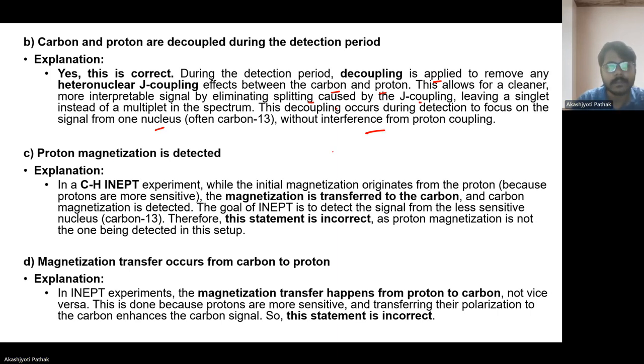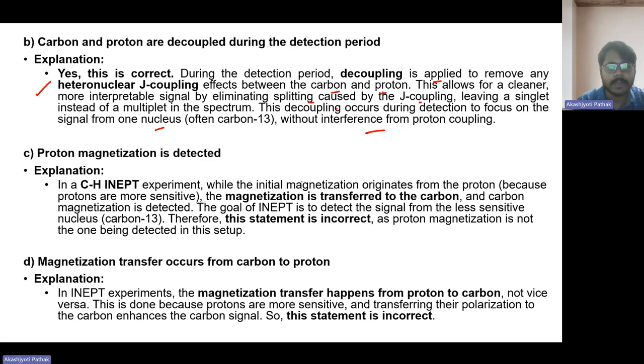So this decoupling occurs during detection to focus on the signal from one nucleus without interference from proton coupling. Right. Now, so this is right. You understood, I guess. So what is the third option? Third option was proton magnetization is detected. But is it correct? It is not, right? Because in a CH INEPT experiment, what do we get? The initial magnetization originates from the proton, because obviously the protons are more sensitive.